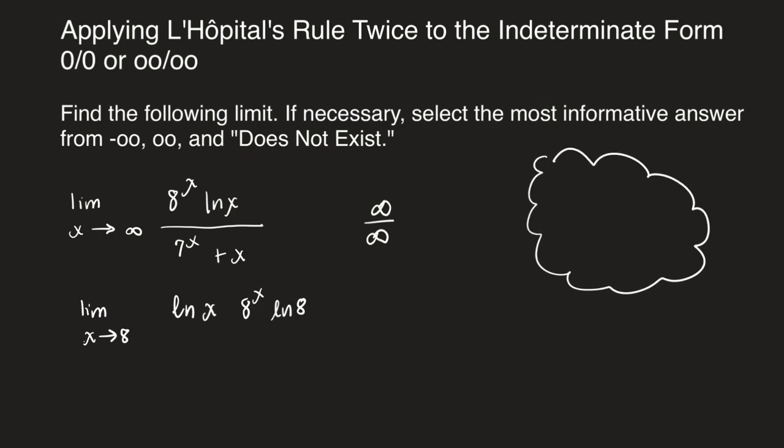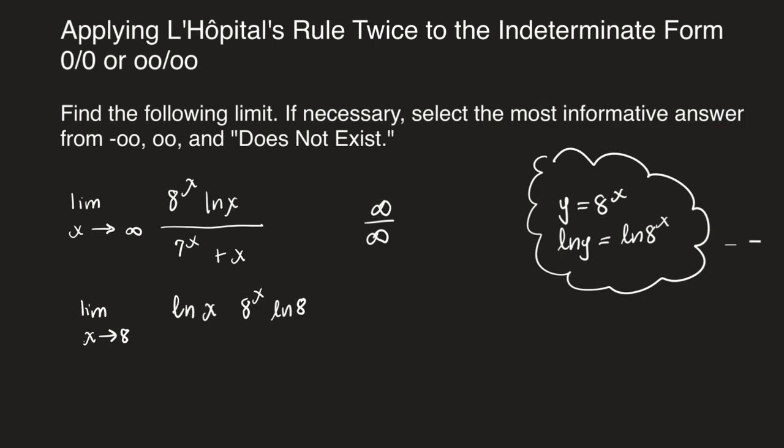If we have y equal 8 to the x, if we take the natural log of both sides, we get the natural log of y is equal to the natural log of 8 raised to the x power.